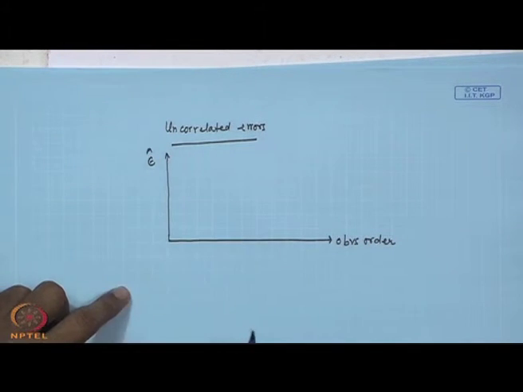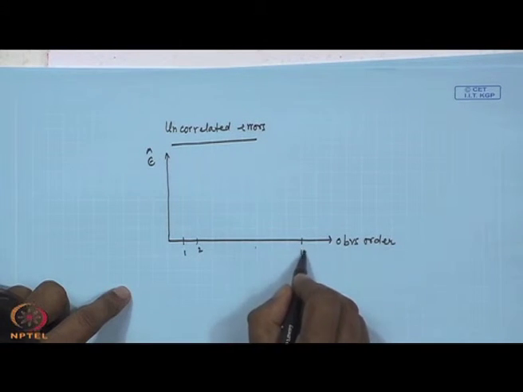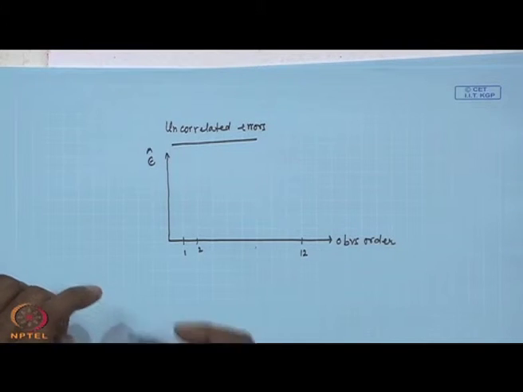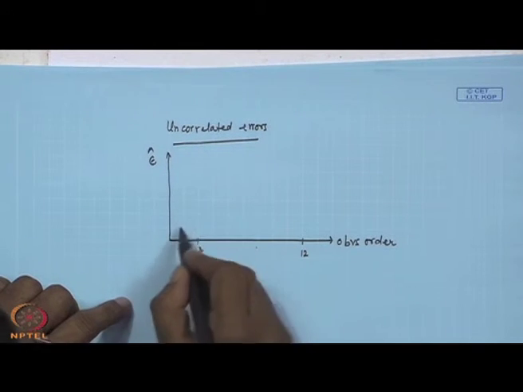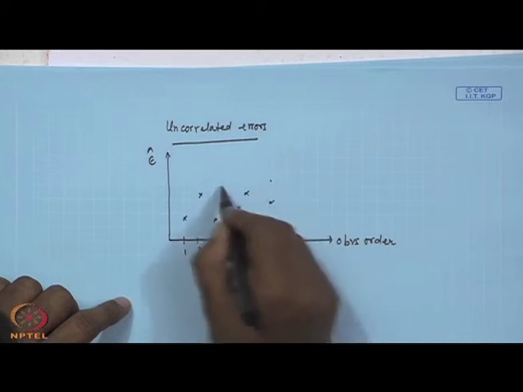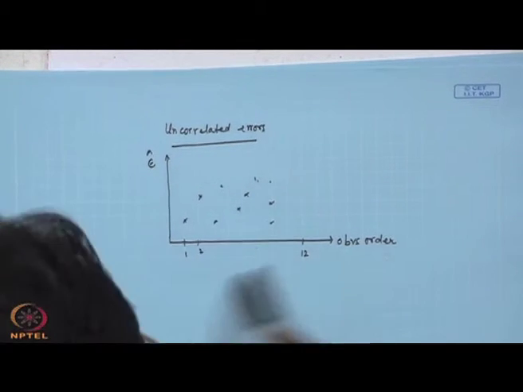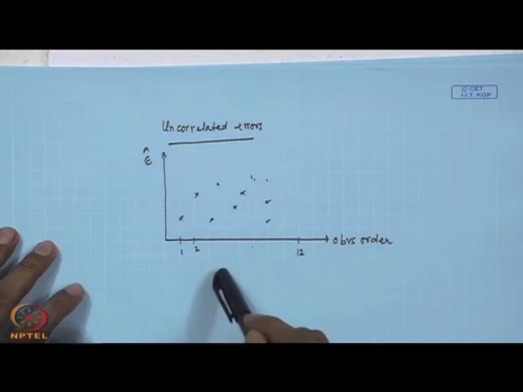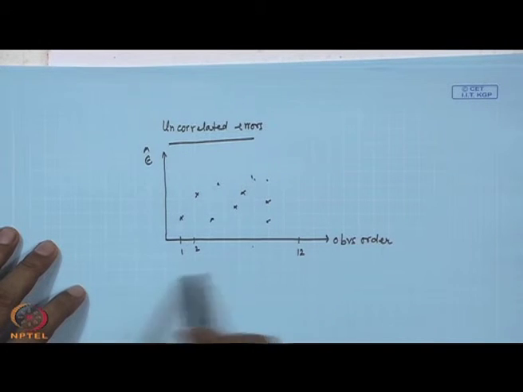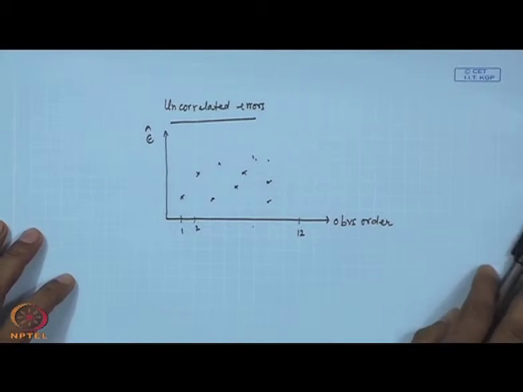So, 1, 2 like this, suppose 12 observations, and again this should be random. What I mean to say is, there should not be any pattern. If there is randomness, fine, otherwise there is correlation between the observed data, which is not desirable.